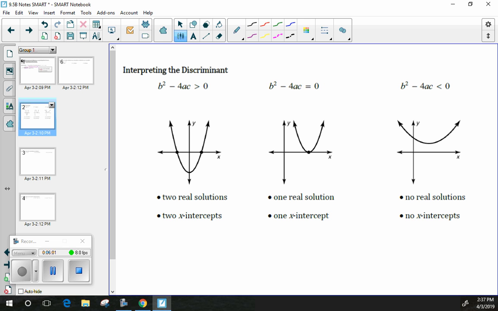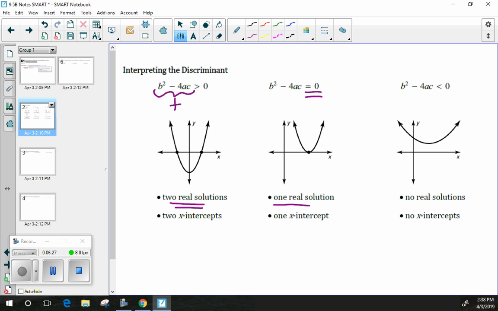There are situations where we don't need the exact answers or solutions. We just need to know, are there going to be any? Does it reach that height? Does it equal that number? All you have to do is pluck out that discriminant and decide, is my discriminant positive? Then it's going to have two real solutions. Is it exactly equal to 0?